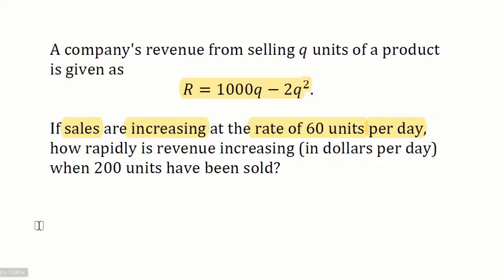Back in the problem, let's continue reading further to see what the question is asking for. So now, getting into the actual question, how rapidly is revenue increasing? This is just a different term for saying how fast is revenue increasing. Revenue is increasing, but how fast? As I said earlier, how rapidly is a different way of saying how fast.